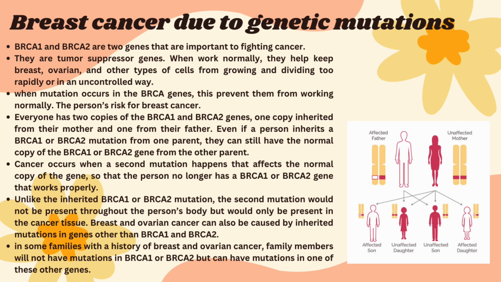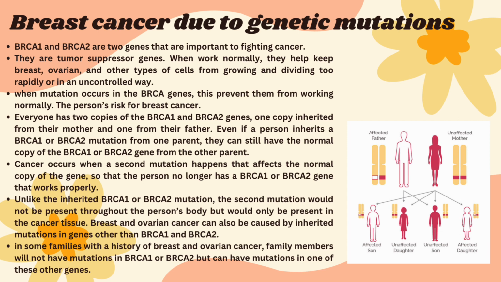However, cancer occurs when a second mutation happens that affects the normal copy of the gene, so the person no longer has BRCA1 and BRCA2 genes that work properly. Unlike the inherited BRCA1 or 2 mutation, the second mutation will not be present throughout the person's body but would only be present in the cancer tissue.